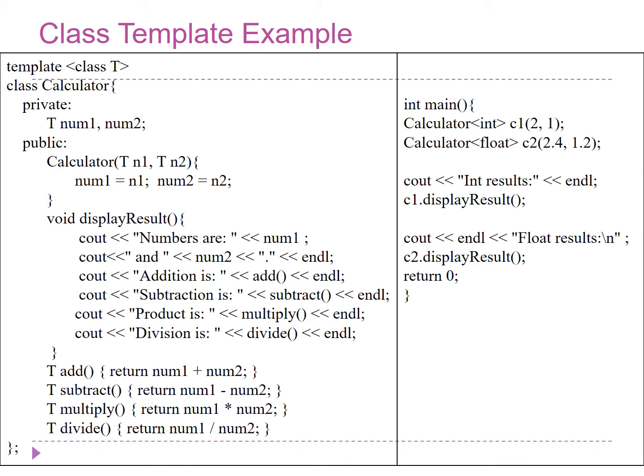In the function main, we have created two objects C1 and C2 of type calculator.